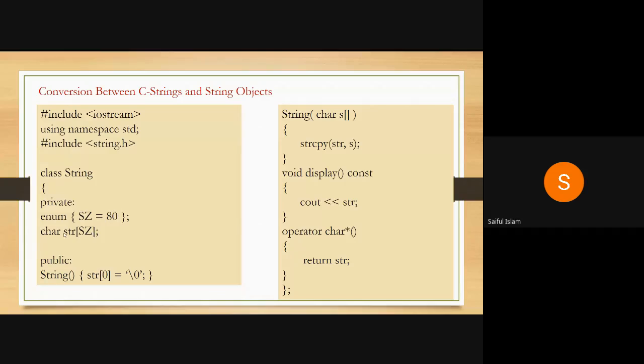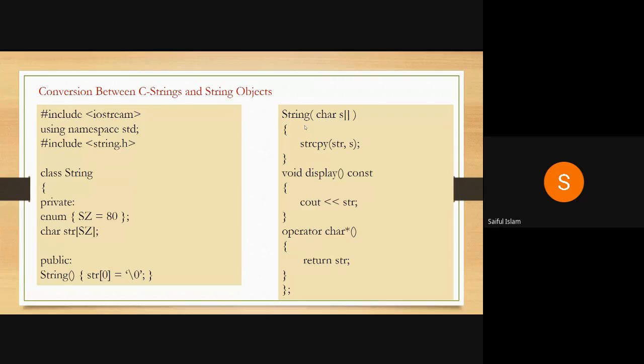So you have a character string of size 80 that you create using a class. Then you have a zero argument constructor, which we call a default constructor. In this case, you are initializing the private data member str with a null string.